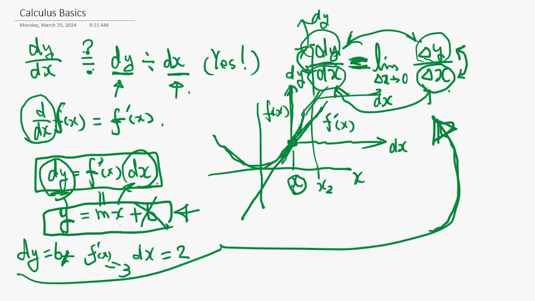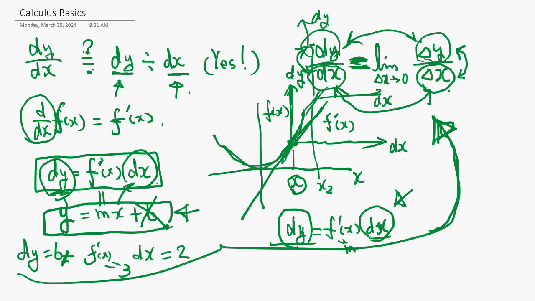Okay, this is a new coordinate, dy dx. So dx and dy are new variables, and you define this new function, the dy function. The dy function is the slope times dx. That's what it is.